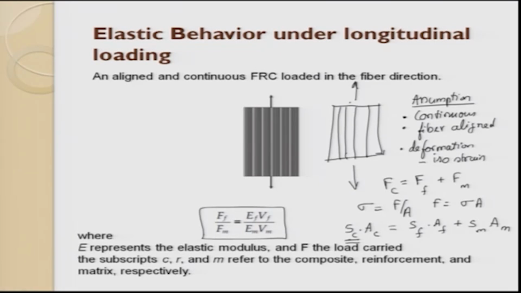So to further proceed, we can obtain this equation: SF into AF by AC plus SM into AM divided by AC. In this equation, we are dividing by the total cross section area of the composite.